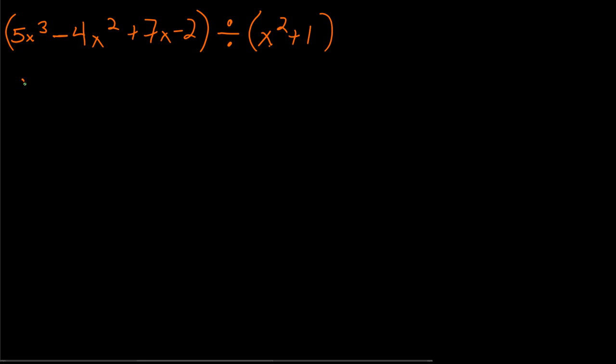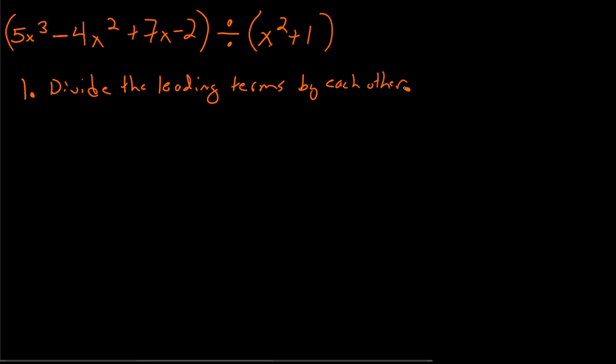And so the first thing is, we divide the leading terms by each other, and we write this answer on top. Now I'll show all of these in long division. I'm going to write the steps down and keep referring to them.